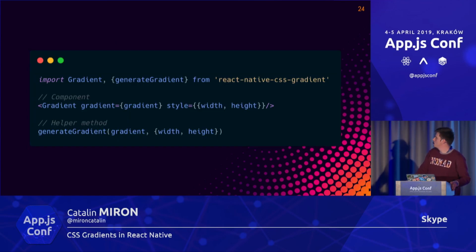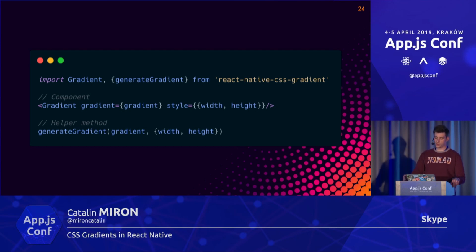How React Native CSS gradient is working is that it's exposing two different things. One is a gradient component, and the other one is a helper. The gradient component accepts a gradient property, which is exactly the CSS syntax as you'd use on the web, and two mandatory style properties, which are width and height, in order to determine the gradient box underneath.